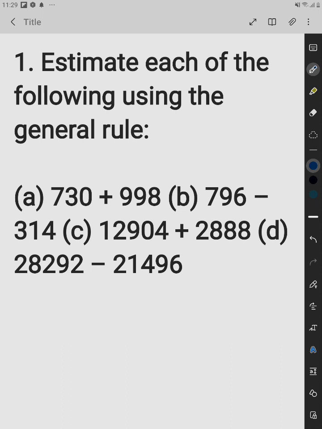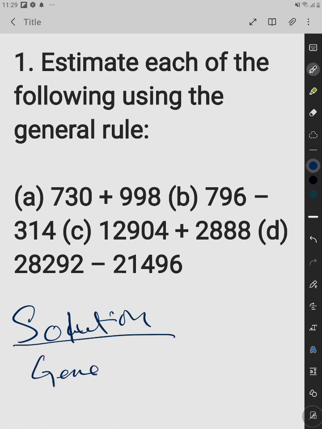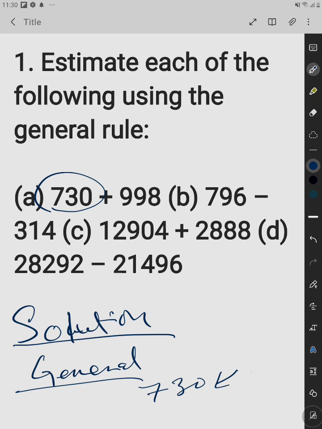What is general rule? In general rule we make rounding off. Rounding off means if here it is 730, it will be rounded off to the nearest 100. Nearest 100, what will be the number?